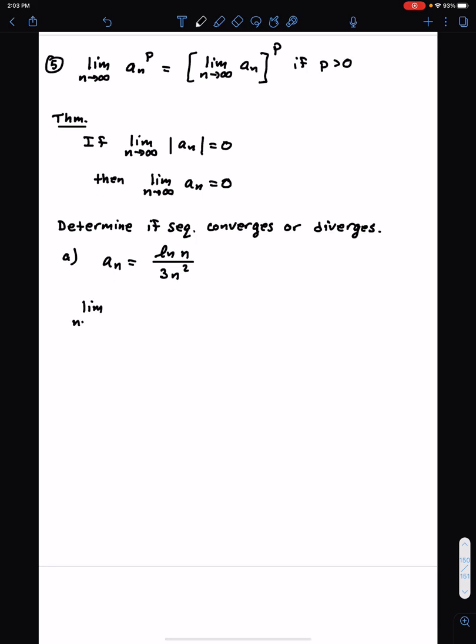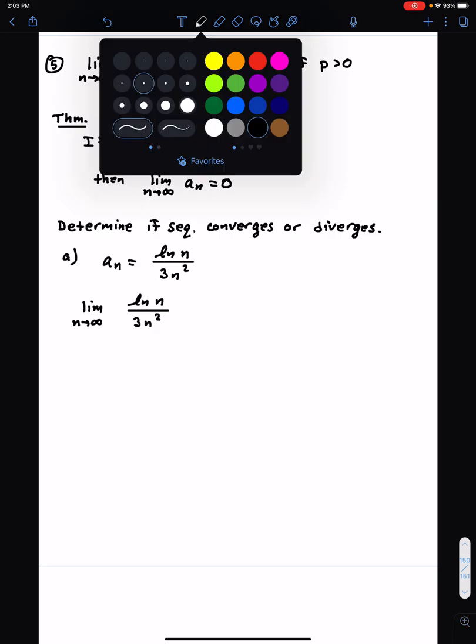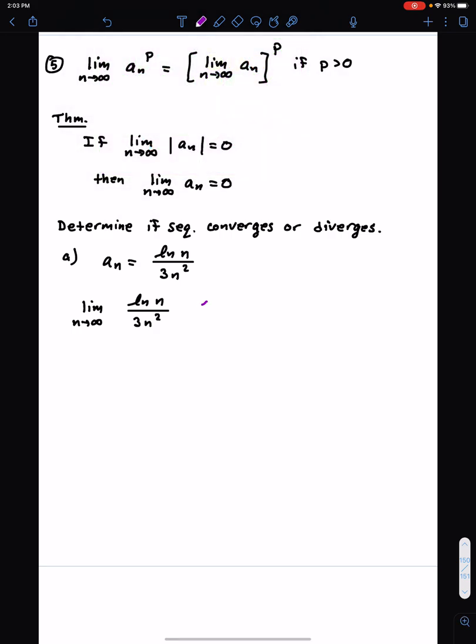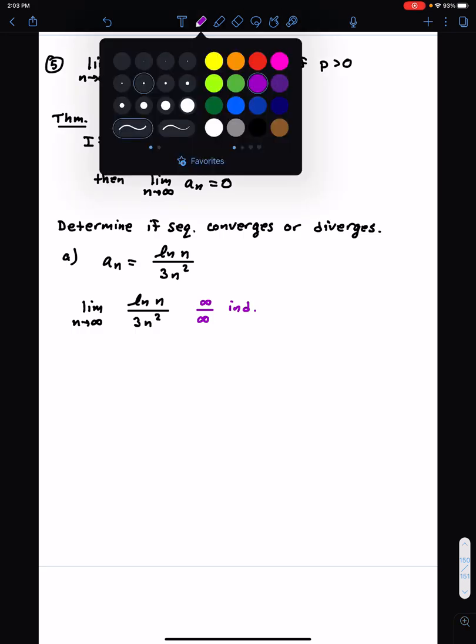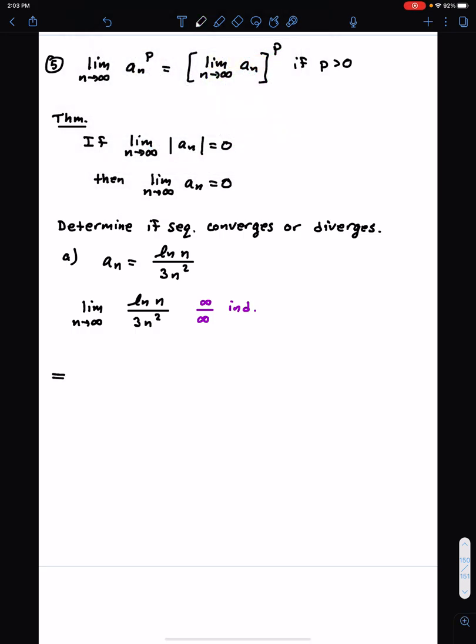So the limit as n approaches infinity of a sub n, or natural log of n divided by 3n squared. If I take a limit, I have infinity in the numerator and infinity in the denominator, which is an indeterminate form. So I can use L'Hopital's rule. So this is equal to the limit as n approaches infinity of 1 over n divided by 6n.